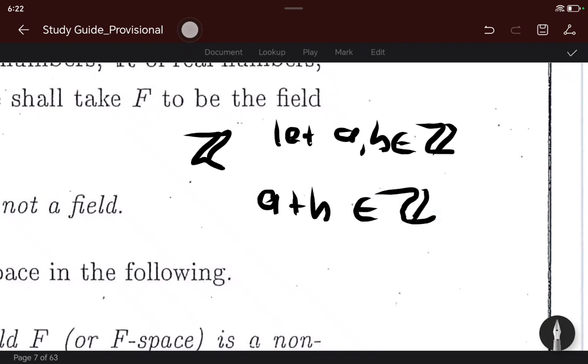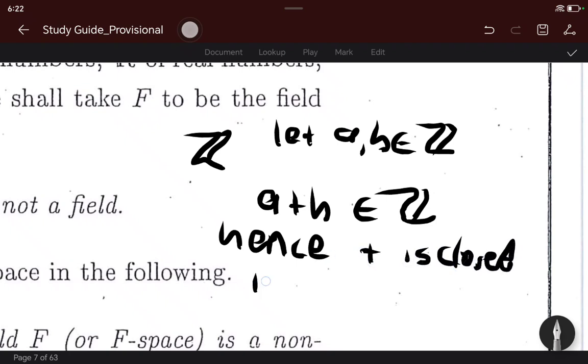We say right, now it is closed on integers. You see, right?